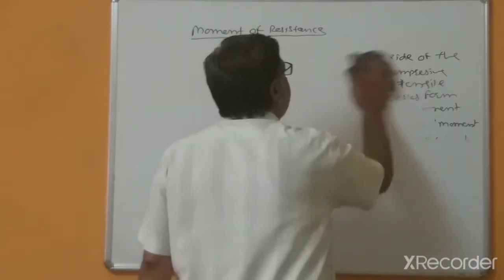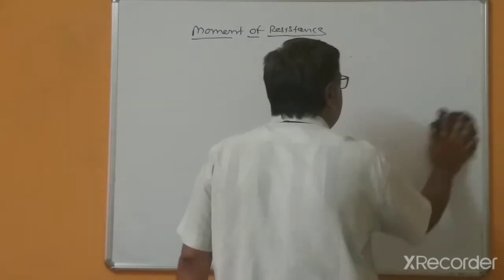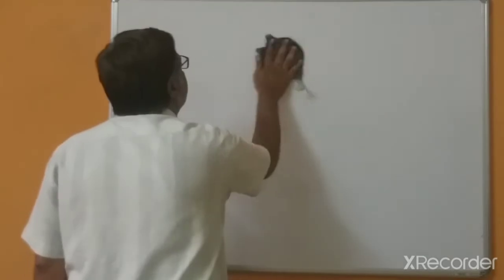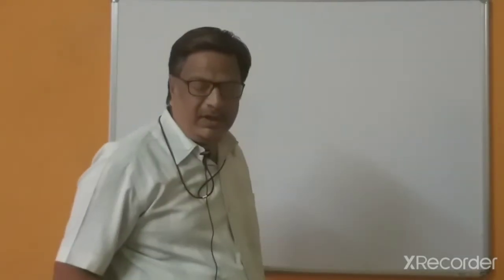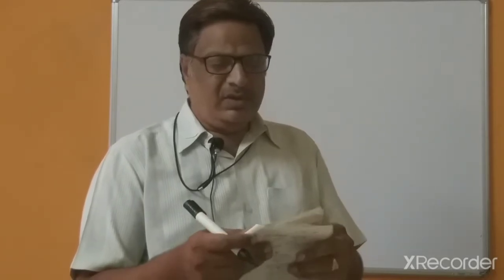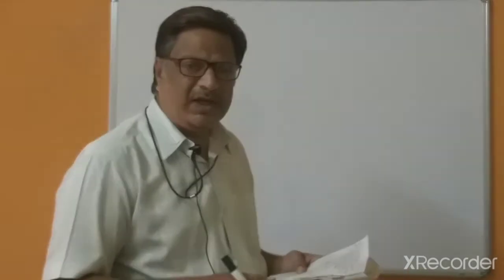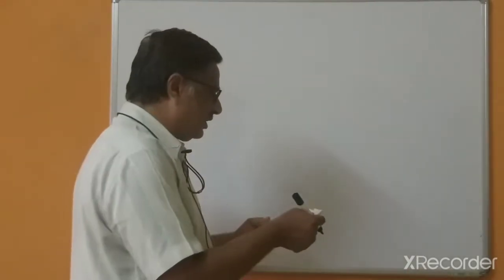For bending stress, the important formula is M divided by I equal to sigma B divided by Y equal to E divided by R. Please note down today's first problems. These are simple problems, which may be asked in examinations for 1-2 marks.